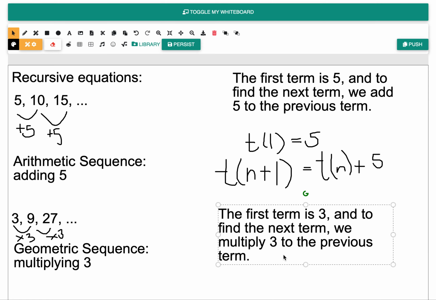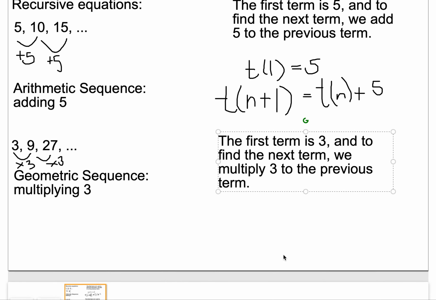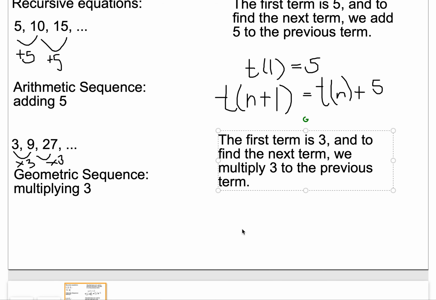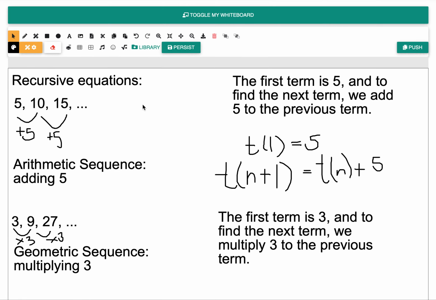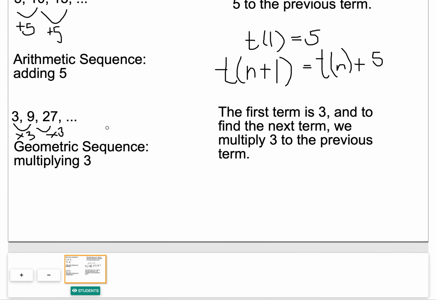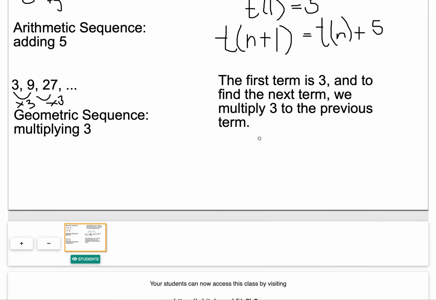So now let me write my recursive equation, and I'm going to move a little bit down. Let me just get the pen. Okay, so the first term is 3. Let's go ahead and write that. The first term is 3. And to find my next term, this t of n plus 1, we say t of, with parentheses.